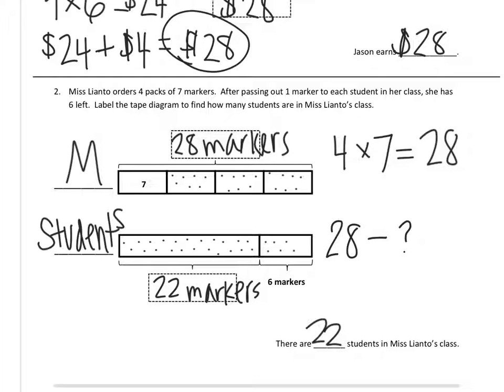I can subtract an unknown and get my answer, or I can flip-flop and subtract my known to get my unknown. See how we switched those around? But just remember, in subtraction, the total goes in the beginning, just like with division. So notice we have used addition and subtraction, and both of our problems have had multiplication.